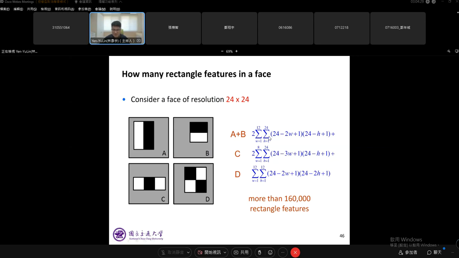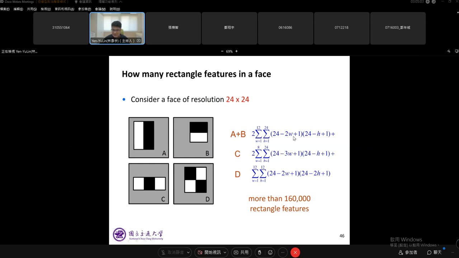Let's first consider how many possible locations in a row. Since the size of this window is 24 and the width of this two rectangle feature is 2W, the number of possible positions in the row is 24 minus 2W plus 1.